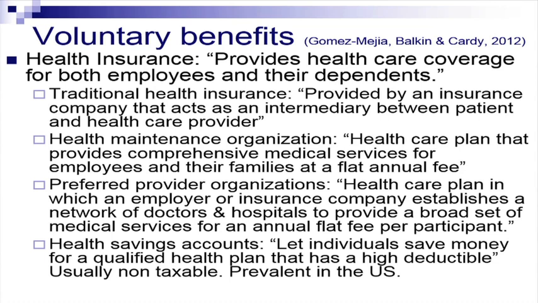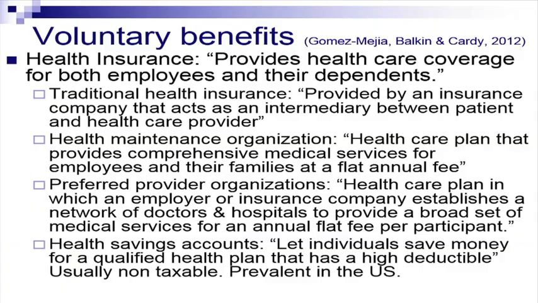Voluntary benefits: you have health insurance, and we have various types of health insurance. Traditional health insurance provides healthcare coverage for both employees and their dependents, and is provided by an insurance company. We have the health maintenance organization, which is a healthcare plan that provides comprehensive medical services for employees and their families at a flat annual fee, which is lower than what they would have spent anyway.